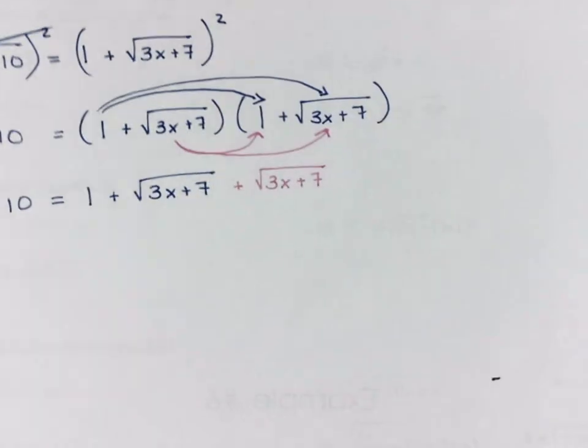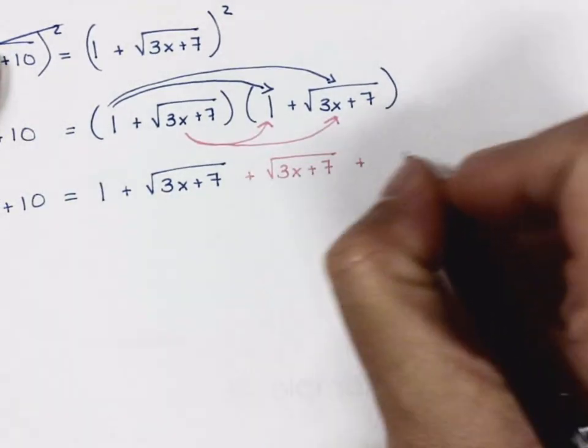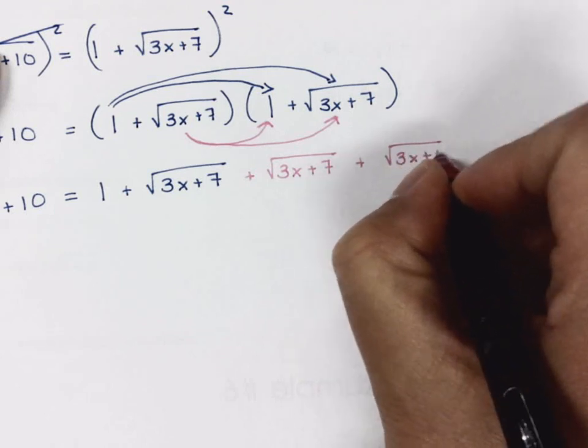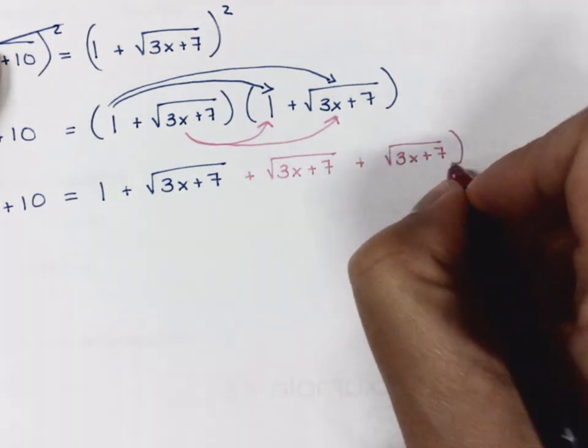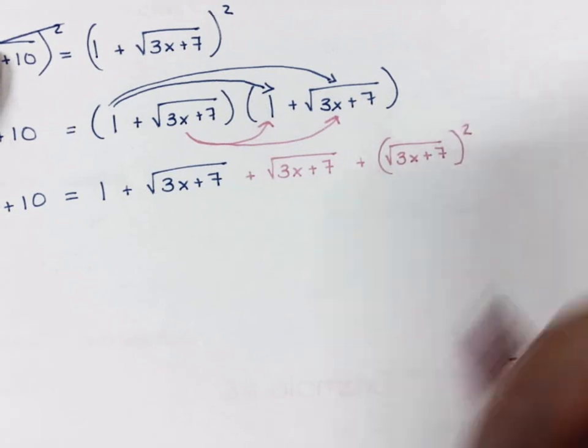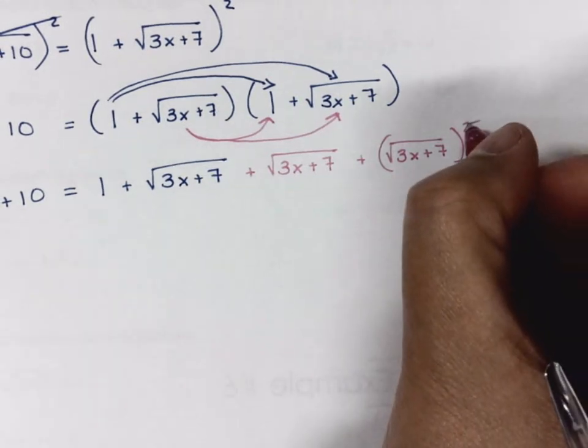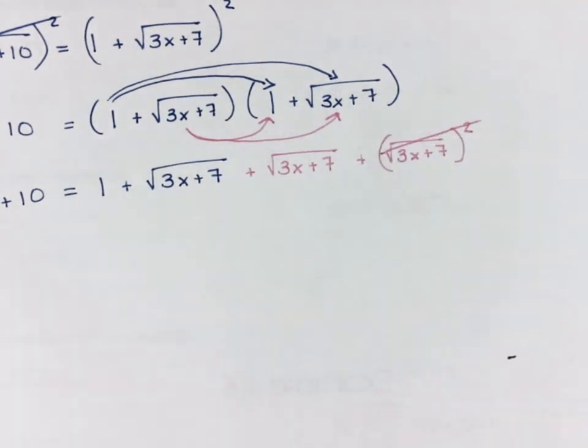And what do we know is that a square is going to cancel that out. So really what we're doing is we're taking root 3x plus 7, timesing it by itself. So really that's like saying it's squared. Anything times by itself, you're squaring it. 4 times 4 is 4 squared. And why do I want to write it this way? Because the square is going to cancel out that square root sign.